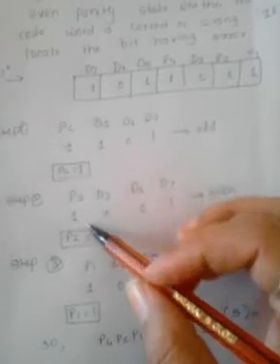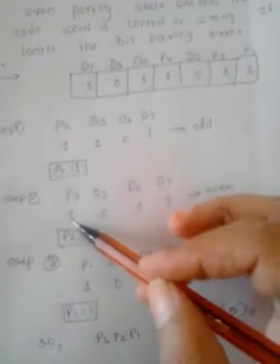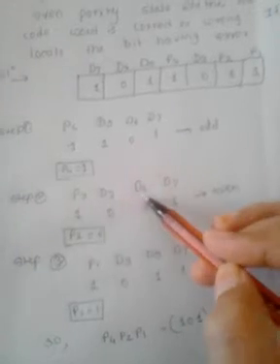Next, in step 2, we have to calculate the second parity bit, that is P2. P2 is always associated with the bits D3, D6 and D7. So here the bits associated with that parity are 1, D3 is 0, D6 is 0 and D7 is 1. We have to take those bits from the data structure.